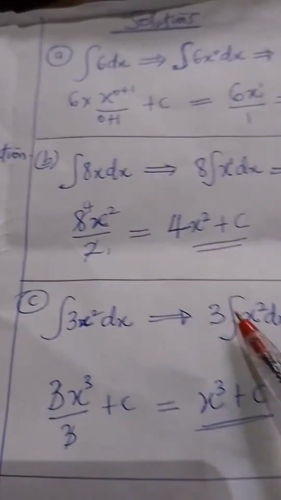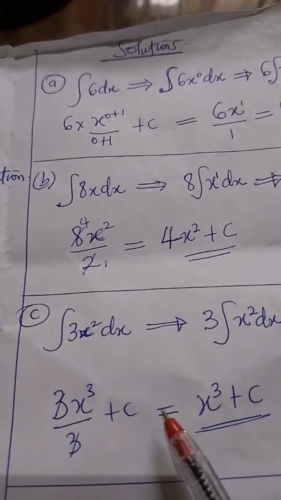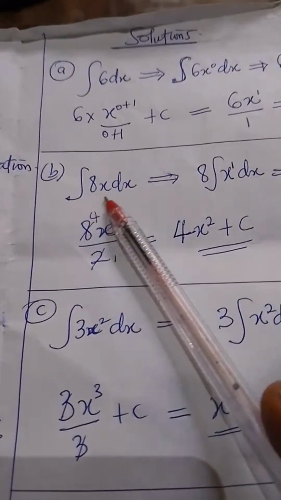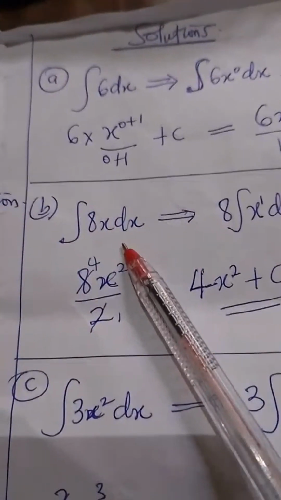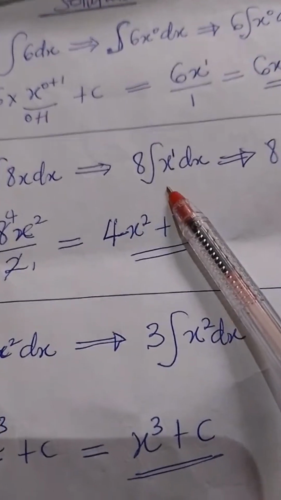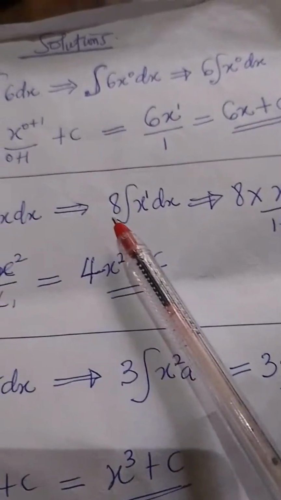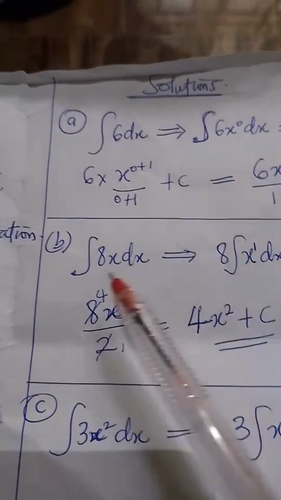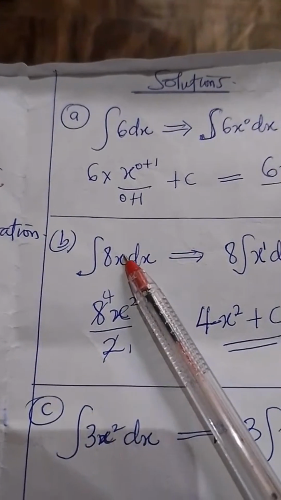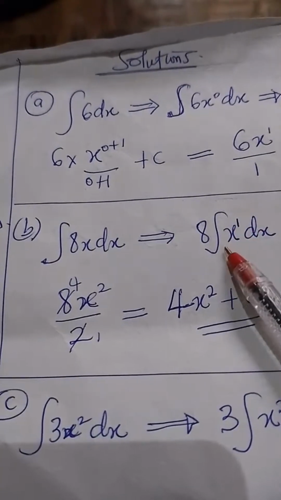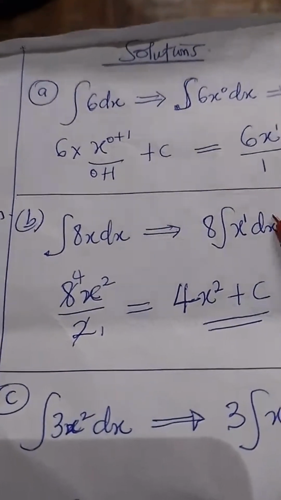So let's look at the second question. We have 8x dx. So what do we do? You can take that 8 outside. Ordinary x is the same thing as x raised to power 1. So add 1 to that power.